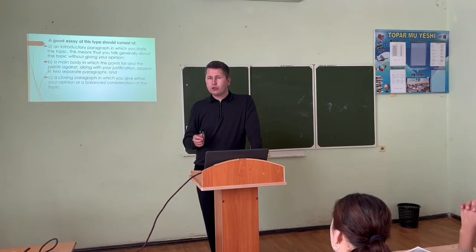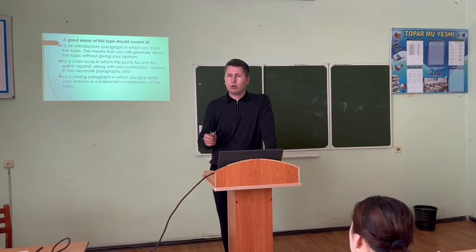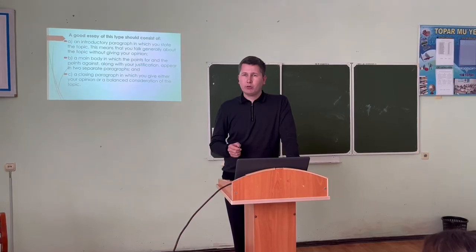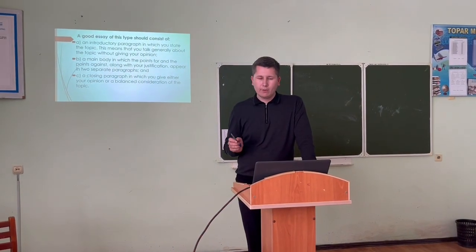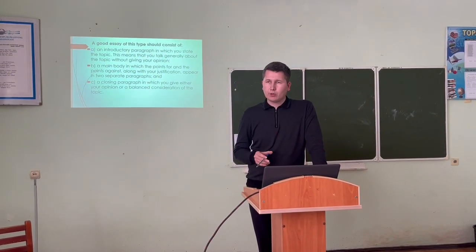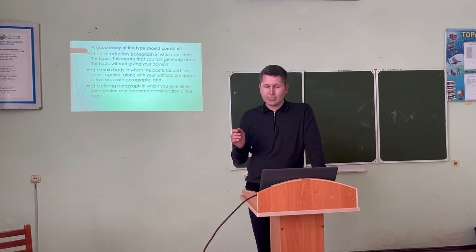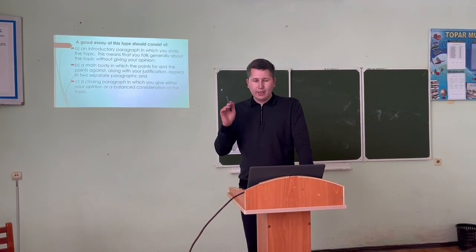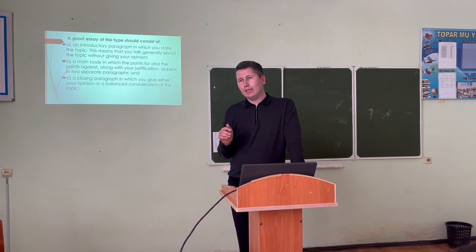So you should try to give facts and clear, exact information as much as possible. Then, what do we write in the main body? The points for and the points against.